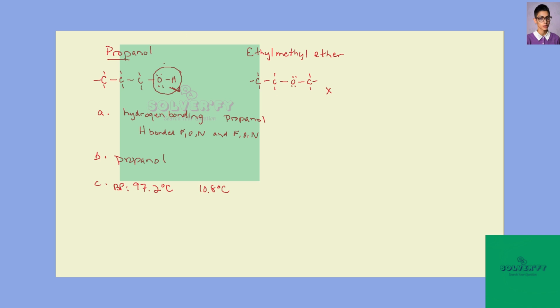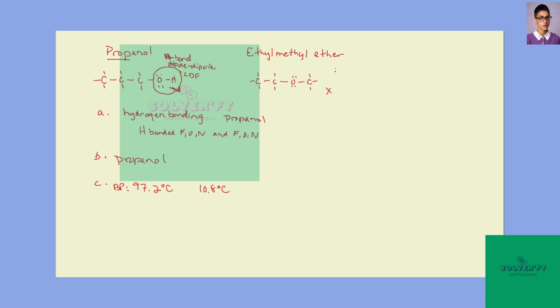So we already said that propanol can hydrogen bond. That's really your strongest intermolecular force between molecules. It also has dipole-dipole because it is a polar molecule, but really the hydrogen bonding is a special type of dipole-dipole, and then it's going to have London dispersion forces.